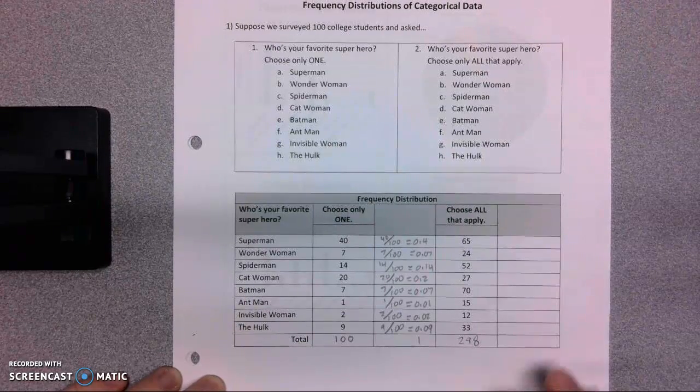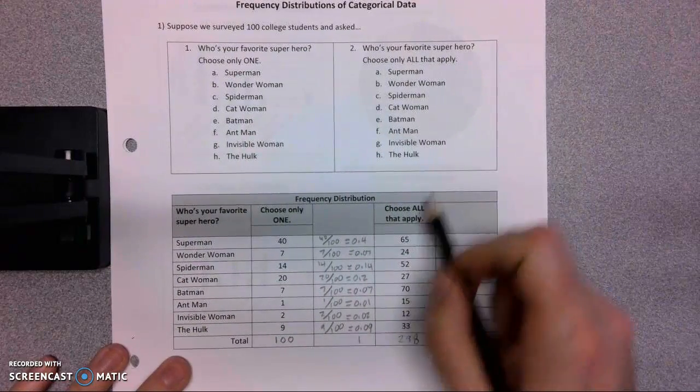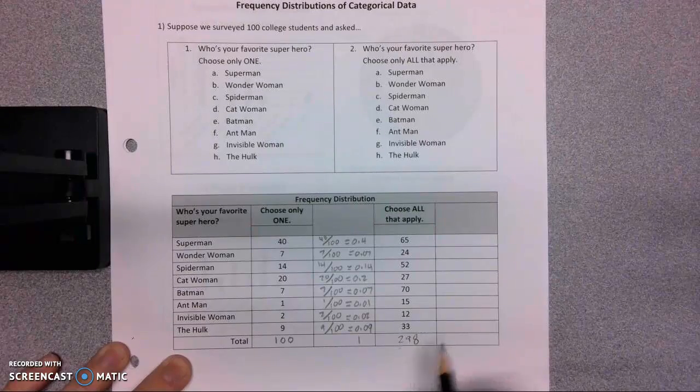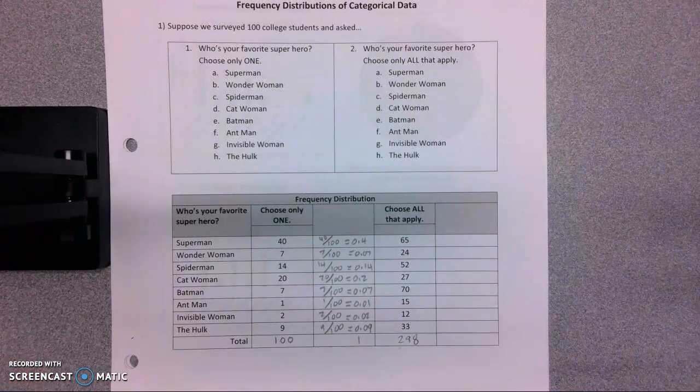Now we need to choose all the apply problems, so you could pick multiple. That's why there's 298, even though there was only 100 people that were surveyed.